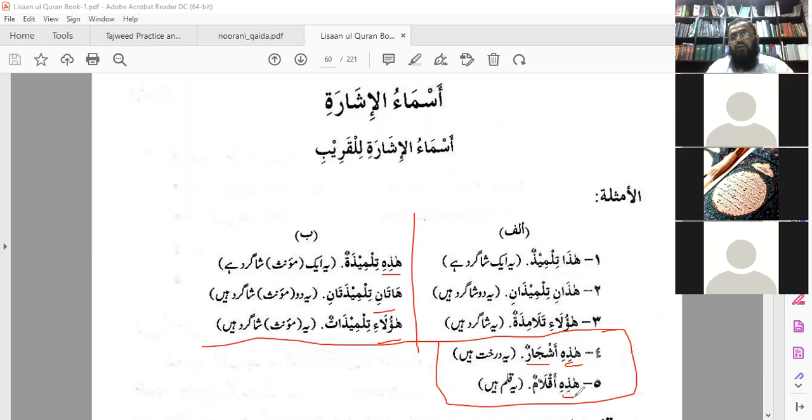Likewise, هذه أقلام. Because we learned if the mubtada is al-jama غير ذي عقل, the khabar would be wahid muannas. Al-asjaru, then that will be wahid muannas khabar. So in the same case, if we are using ismul ishara, it will be wahid muannas before that. Okay, any questions?